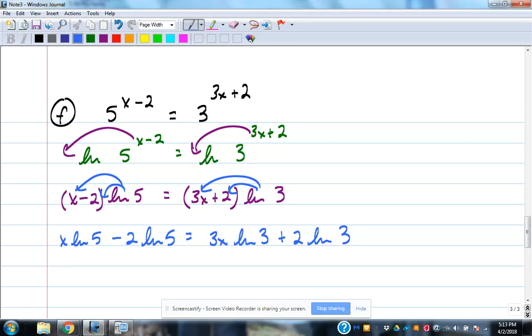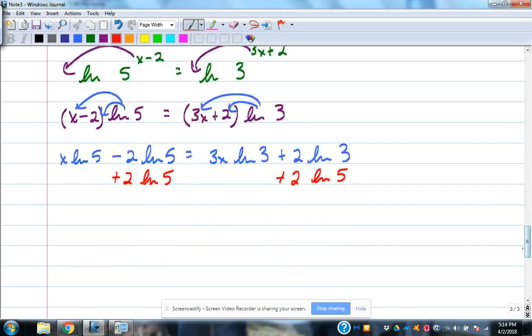Well, this piece doesn't have an x. So what can I do with it? Add it back to the other side. And then I look over here and this piece has an x. How can I get it over there with that piece? Subtract it. Yeah. I get excited about this stuff because it's fun. It's not boring high school math.